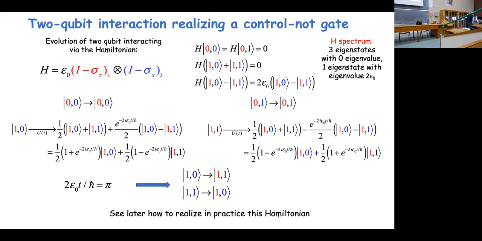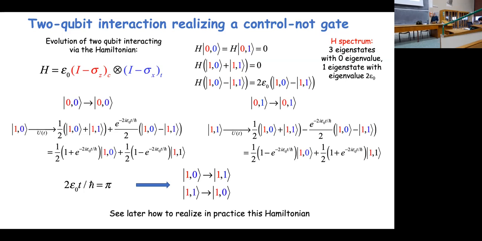And so you can complete the evolution and you find that at some time, this gate will give exactly what we want. That is 0, 0 gives 0, 0; 0, 1 gives 0, 1; 1, 0 gives 1, 1; and 1, 1 gives 1, 0. So I let you do that as an exercise.